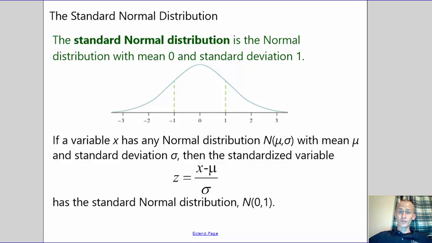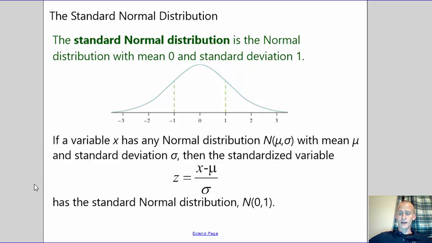So let's start off with the definition of our standard normal distribution. We have our category of density curves called normal distributions that have that unimodal symmetric shape, and inside of that, we have another subclassification, and that is the standard normal distribution. The standard normal distribution has a mean of 0 and a standard deviation of 1.